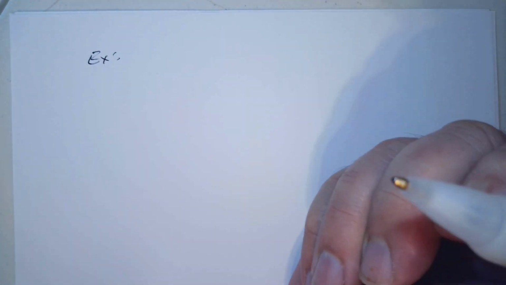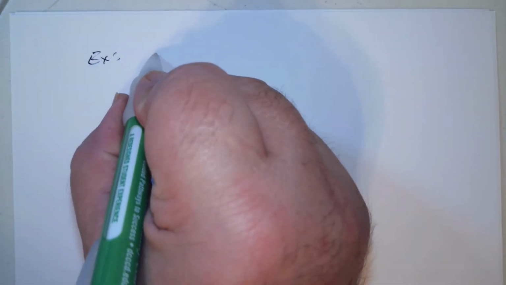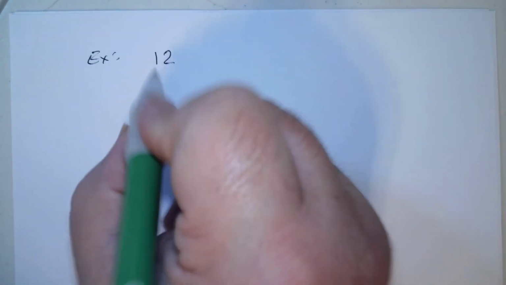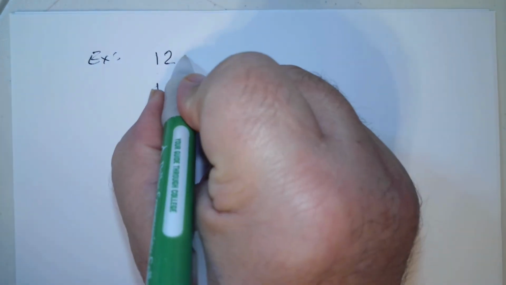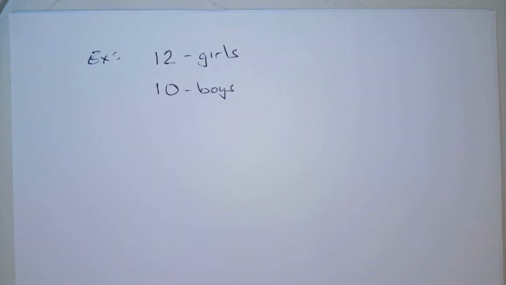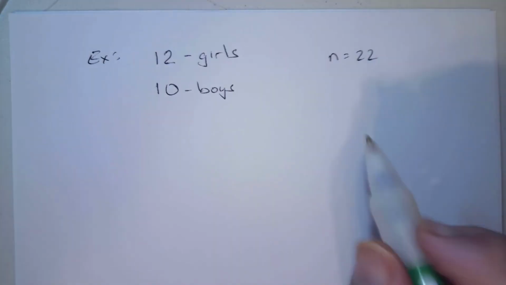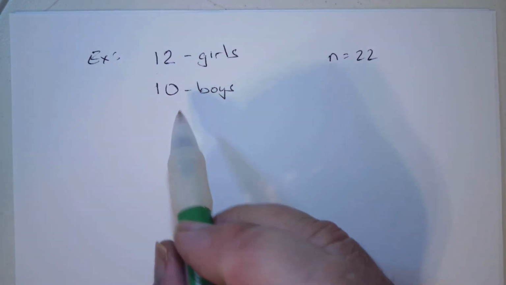Let's have another example. You have a room full of 22 students. 12 are girls, 10 are boys.